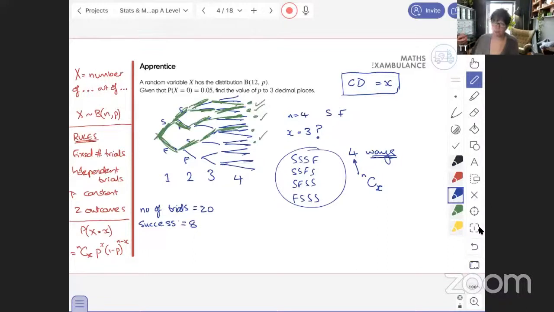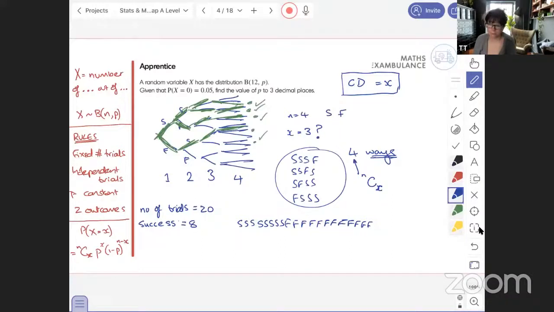The tree diagram would have 20 layers, 20 different levels. And then at each one, I could go down or up. And then I'm trying to get 8 successes. So I could go 1, 2, 3, 4, 5, 6, 7, 8, 9, 10, 11, 12, 13, 14, 15, 16, 17, 18, 19, 20. That would be one route.